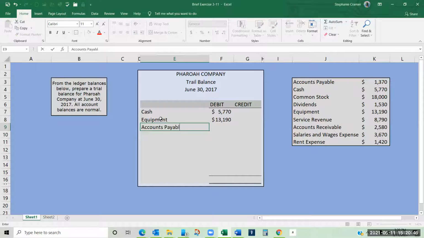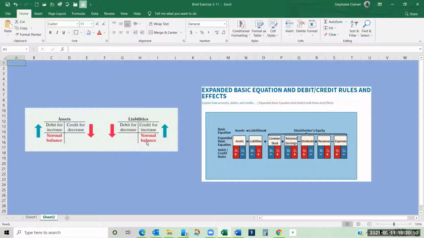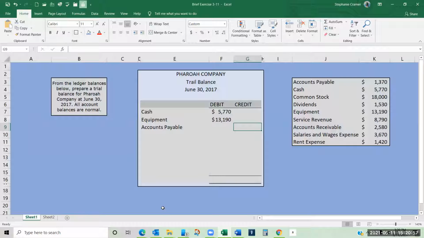Accounts payable, that is a liability. So normal balance for those right here is a credit. So we will credit that 1,370.